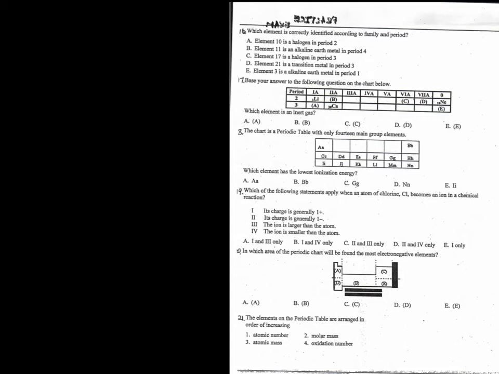Alright, number 16. Which element is correctly identified according to family and period? So family meaning the group, the name of the family group, and period means the row it is in. Element 10. Let's go with purple. Okay.